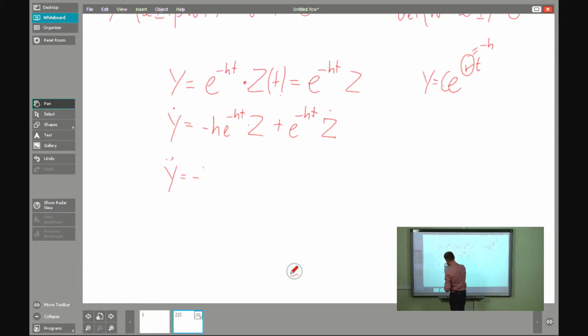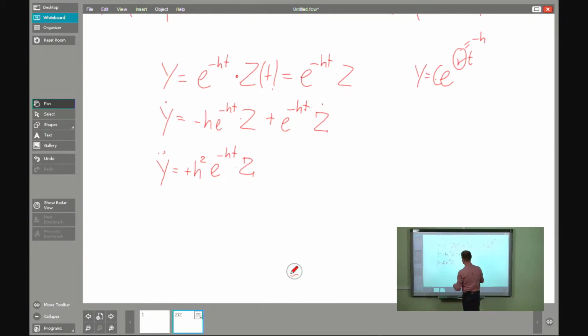Due to the first term, we have positive h square times the decreasing term times z, minus 2h e to the minus ht times z dot.